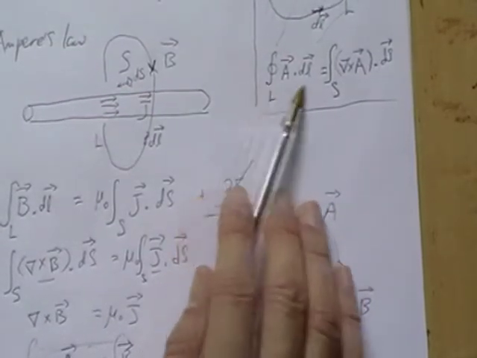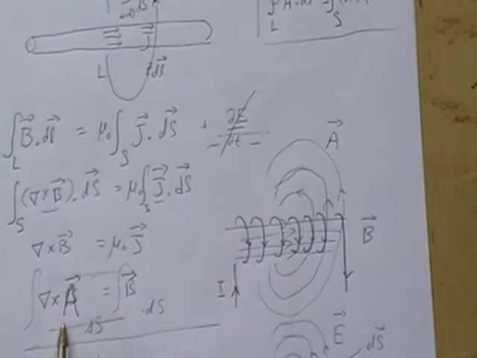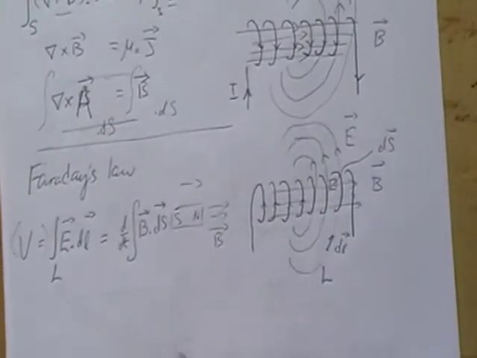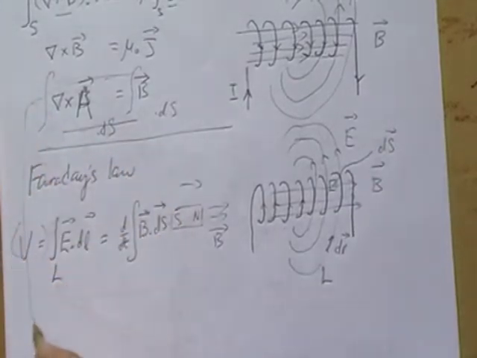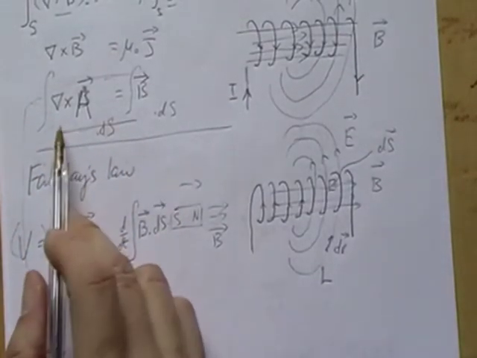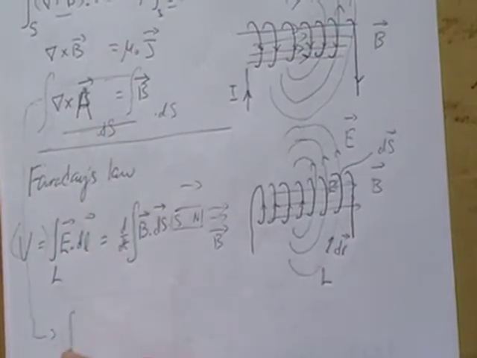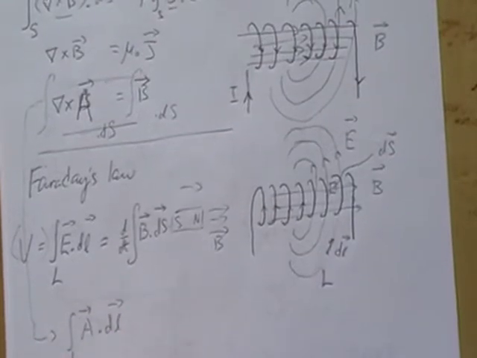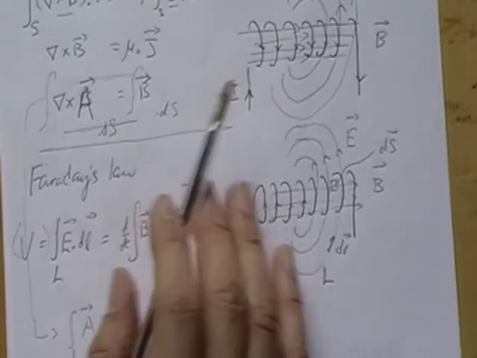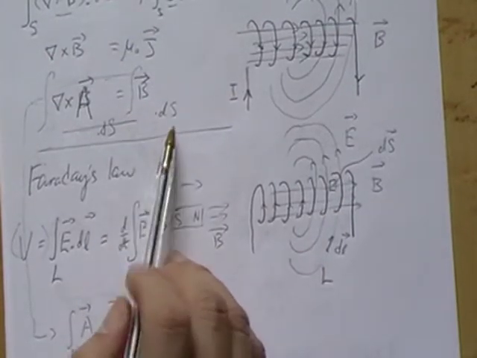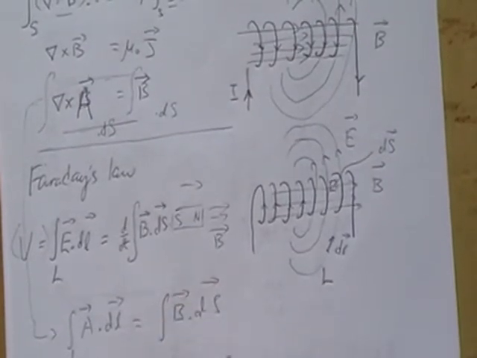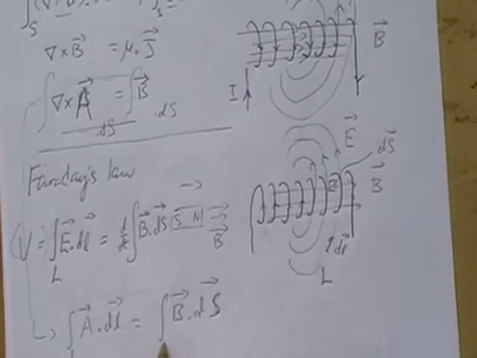So I would now write this in place of this and say that that's equal to B. So let's write this down here. Using Stokes' theorem on that, I get the integral of A dot dl over the loop L, and on the right side it would be B dot ds over the surface.